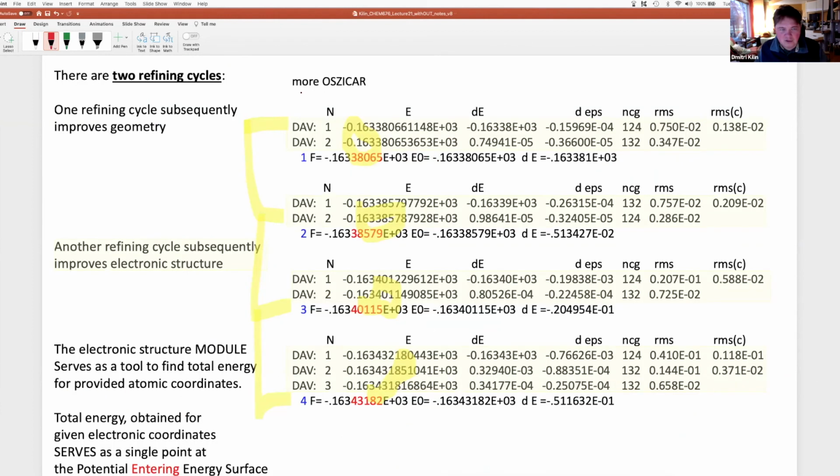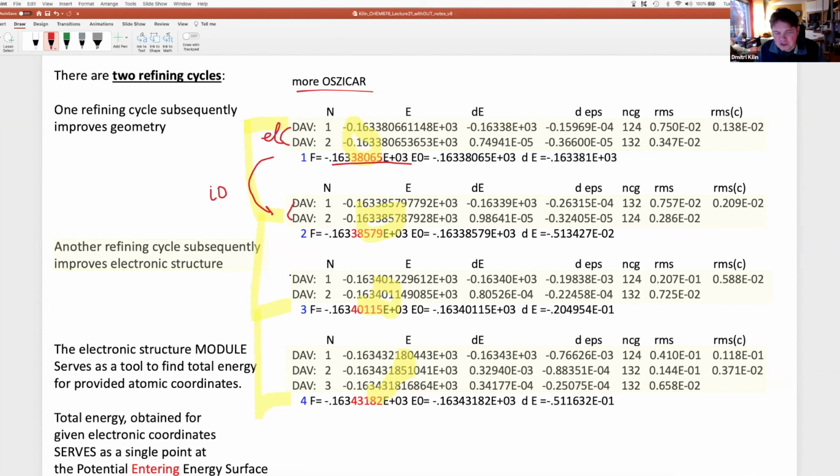So the file OSZICAR shows how we go through the steps. You probably saw this Davidson algorithm. At the end of each electronic optimization, you get total energy. Then you go to the next ionic step, and at the next ionic step, one goes through electronic optimization once again.